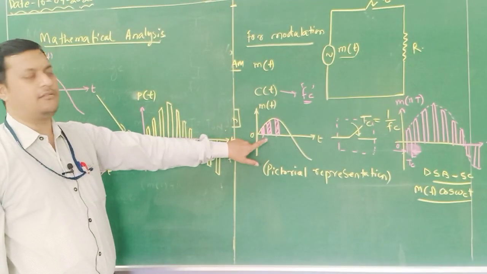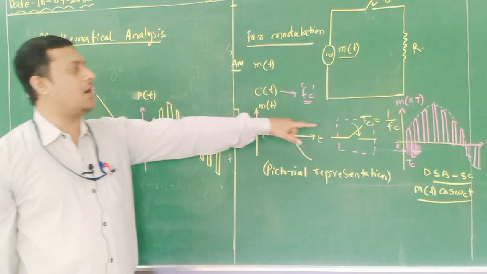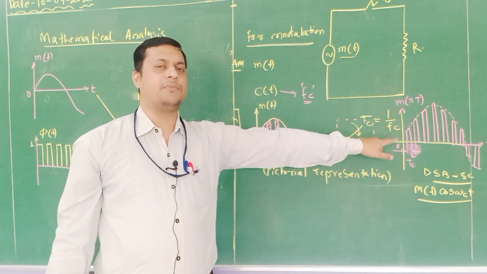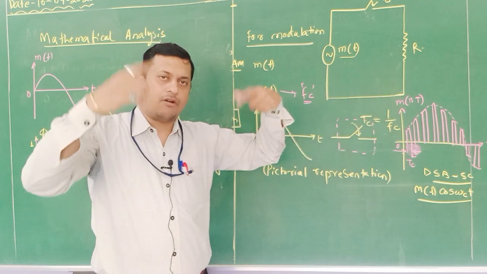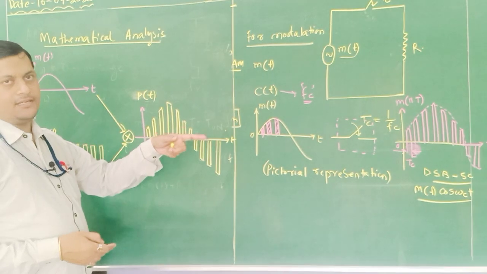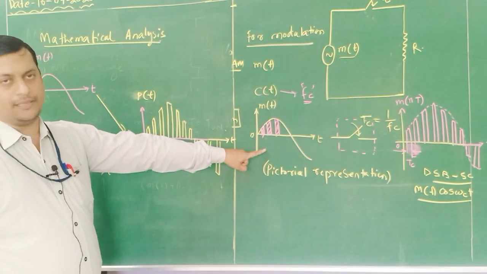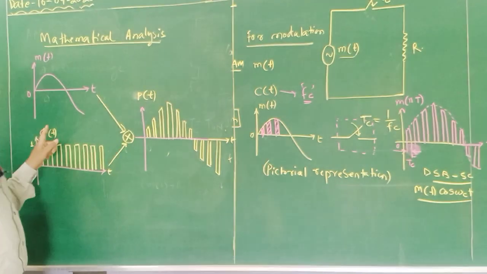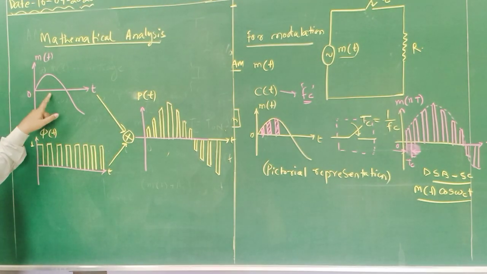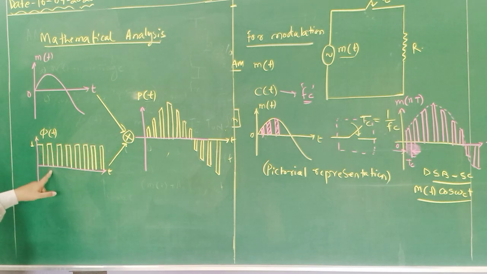So this particular modulating signal, when it is passed through a switch, the output will be in this manner: an amplitude modulated sample signal. These are the sample signals, but the amplitude of the pulse is varied. Now, the same thing I have represented here. The modulating signal is provided to a mixer in which the pulse train is available.